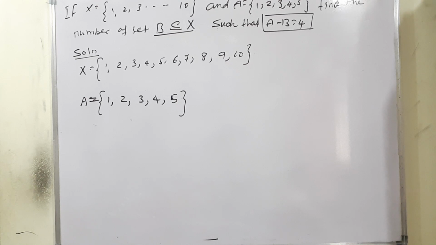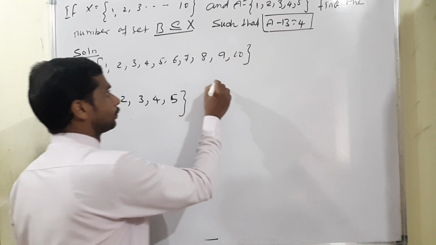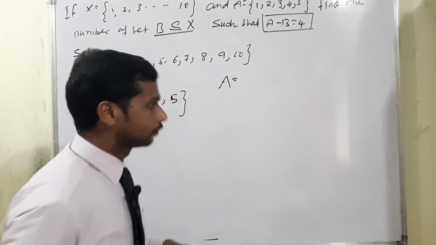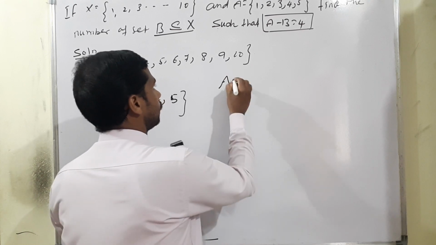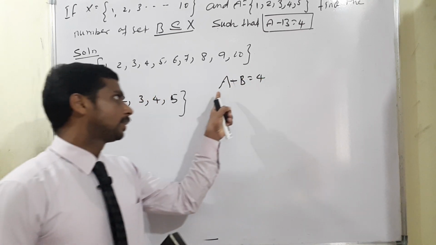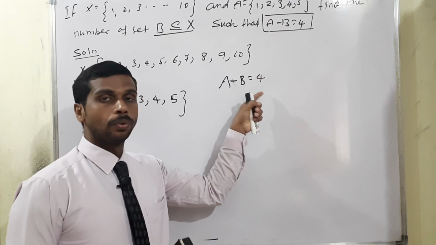So another important condition is there such that A minus B is equal to 4, isn't it? So A minus B is equal to 4. Therefore, what is the meaning? 4 from set A is possible, but set B must not contain 4, the remaining terms are there.